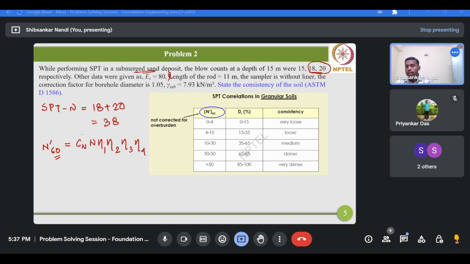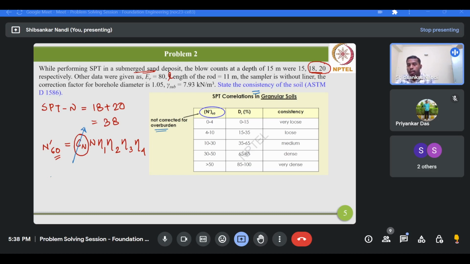So this CN part will not be considered for this problem. Why? Because it's not needed. You need not correct for the overburden for stating the consistency of the soil sample.